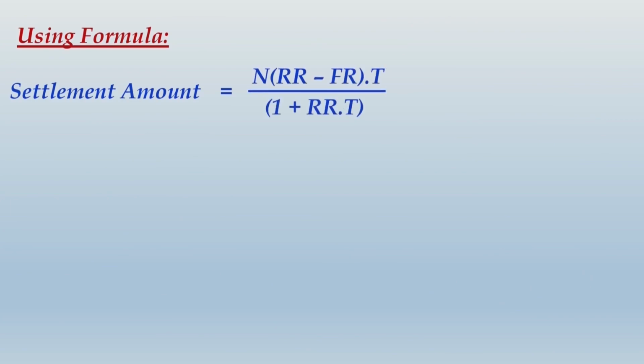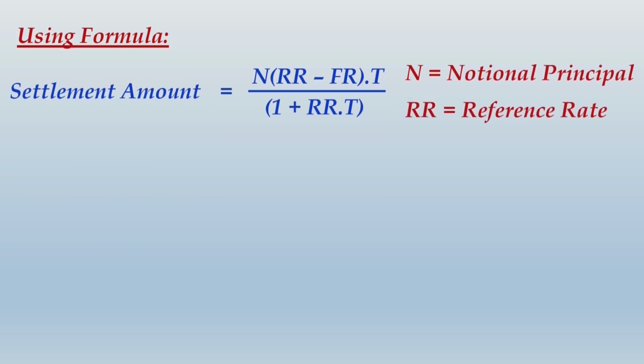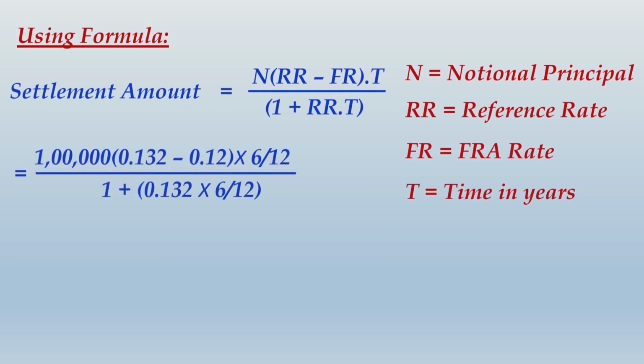Let us now first put up a formula and work out the settlement amount using that formula. So as per the formula, the settlement amount is N into (RR minus FR) into T, divided by 1 plus RR into T. Let us define the variables. N stands for notional principal, RR is the reference rate, FR is the FRA rate, and T is time in years. When you substitute all these values, the notional amount of loan was 1 lakh.